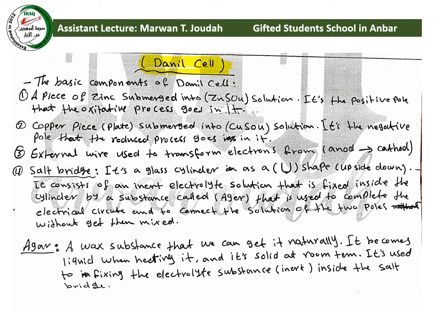And we have a salt bridge. This is really important. What is a salt bridge? It's a glass cylinder shaped like an upside down U letter, as you can see here. It consists of an inert electrolyte solution that is fixed, doesn't move, inside the cylinder by a substance called agar.